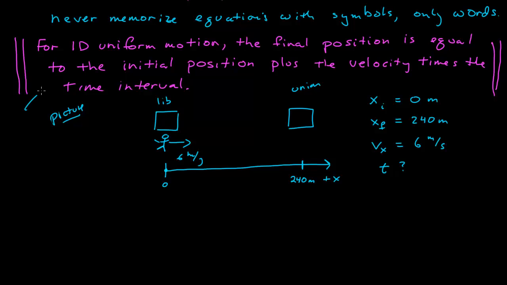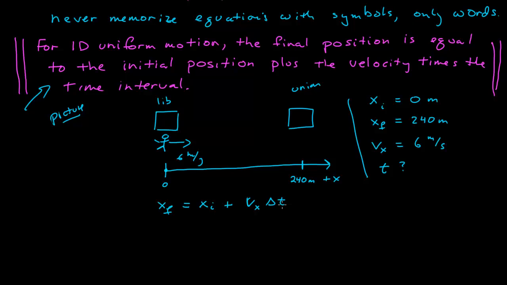Well, given how I relate uniform motion, I can form a relationship between these parameters. I know that my final position is equal to my initial position plus the velocity the person is going, v of x, times the time interval, delta t. And so I know 3 of these.